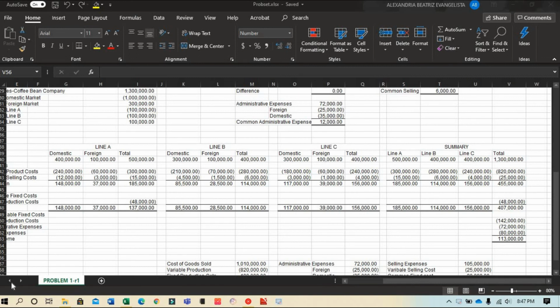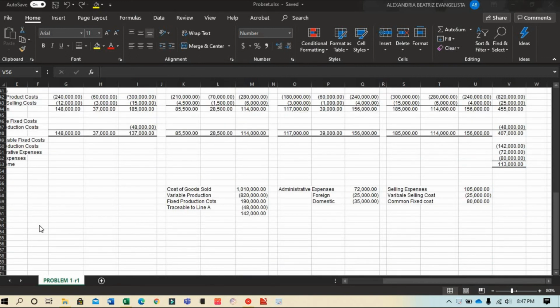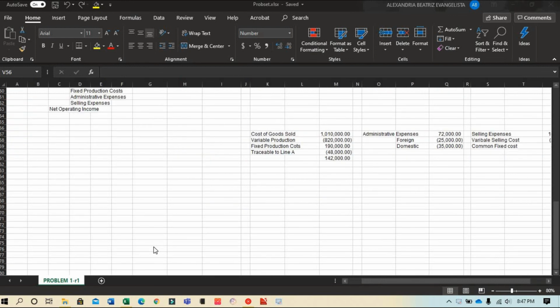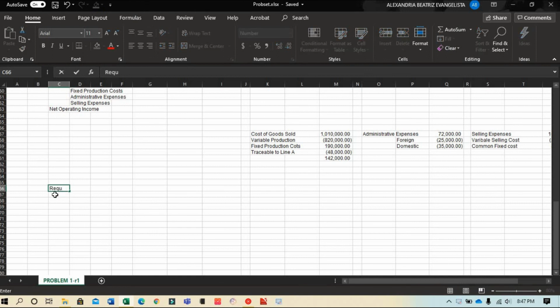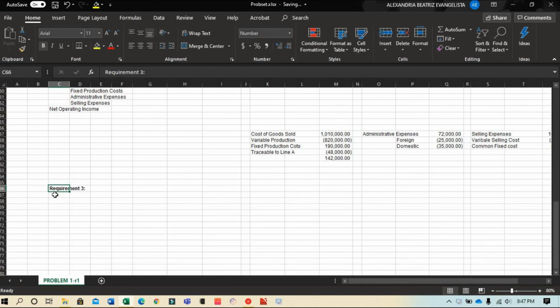Okay, so now let's proceed onto the third requirement 3, which is: management believes that if foreign market was dropped, sales in the domestic department could be increased by $200,000.